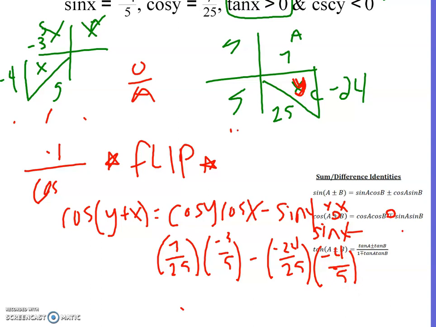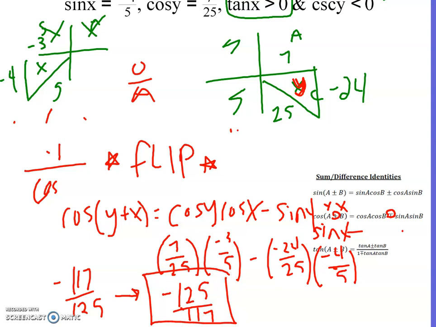Type it in. My answer is negative 117 over 125. Flip it. Negative 125 over 117 for the cosecant.